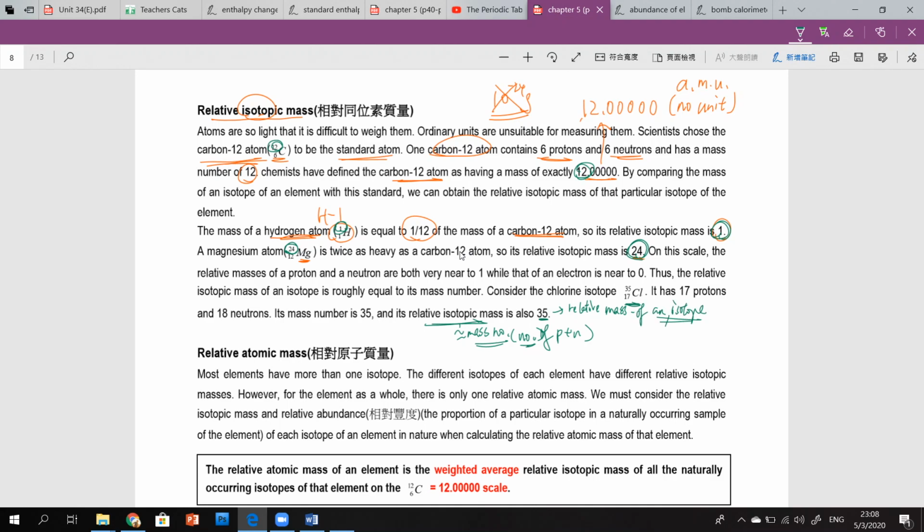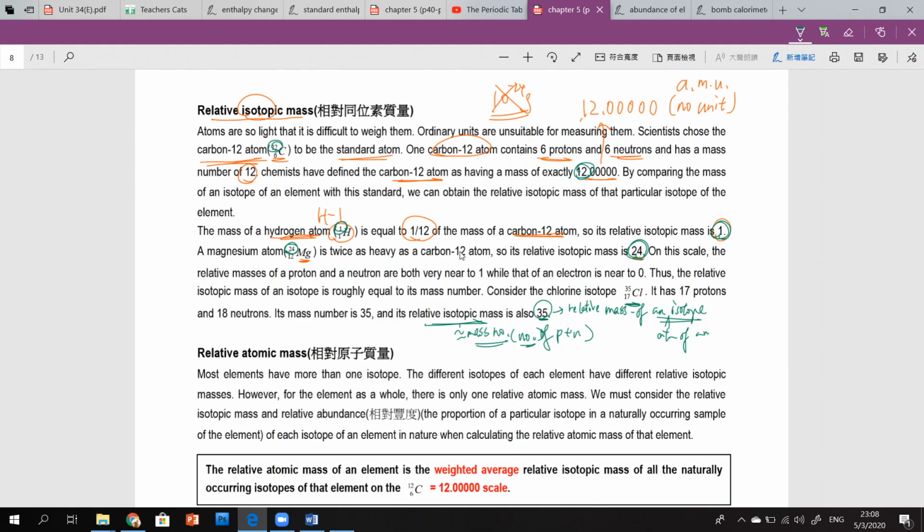So we have got the atom of an isotope, relative mass of that isotope. So this one is just the data to tell you how many times it is, nearly 3 times heavier than one carbon-12 atom. So you use that data. While for mass number, it just counts the number of protons and neutrons.